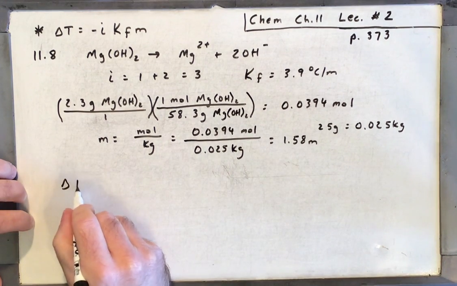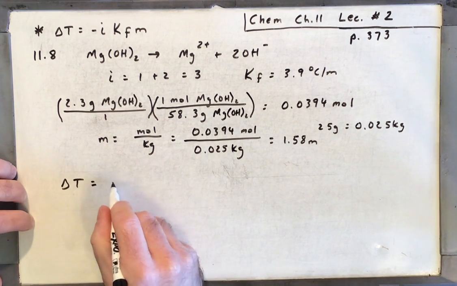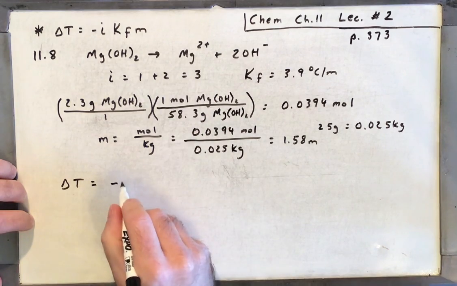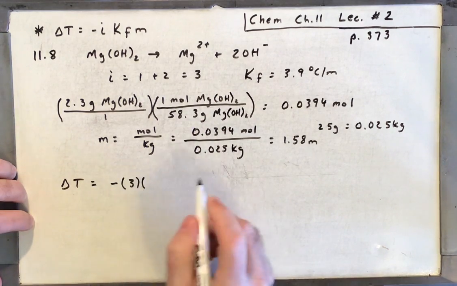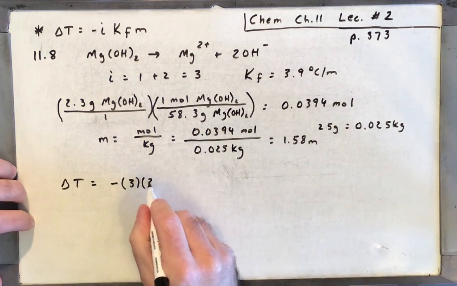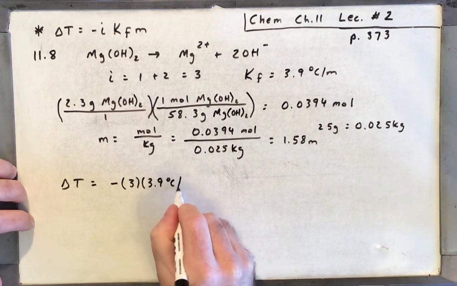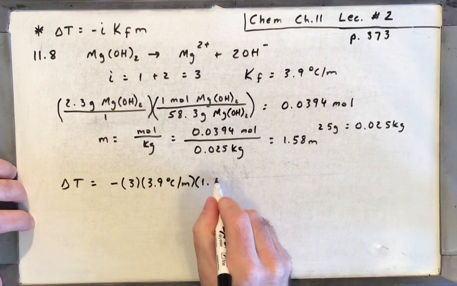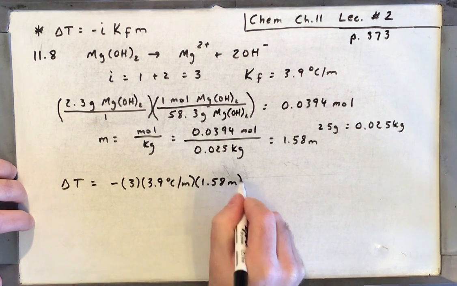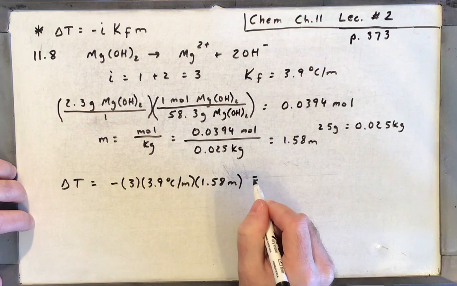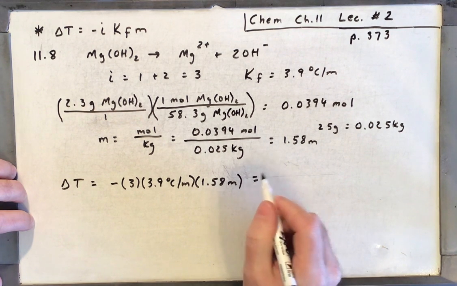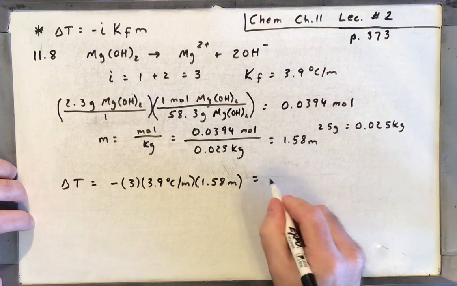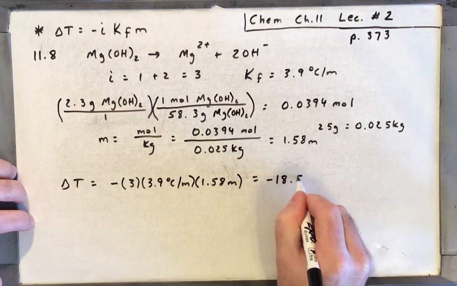So now we can get the reduction or change in temperature. It's minus i, we said i was 3, times K sub F, 3.9, times the molality, 1.58. So that's just the concentration of the solution. Put that in your calculator, get negative 18.5 degrees C, but that's not the answer.